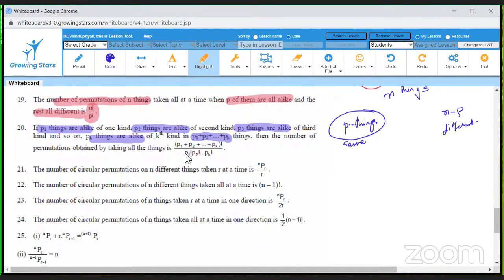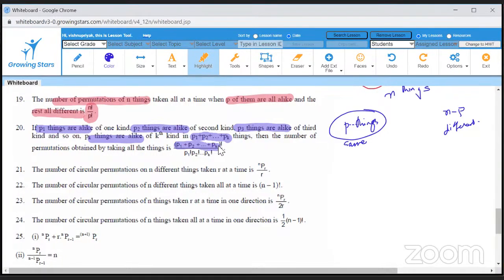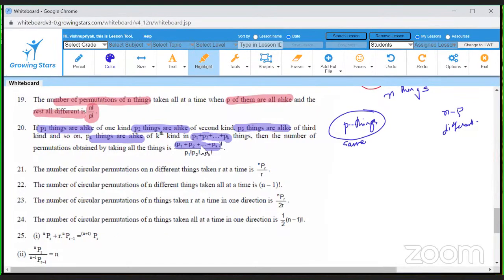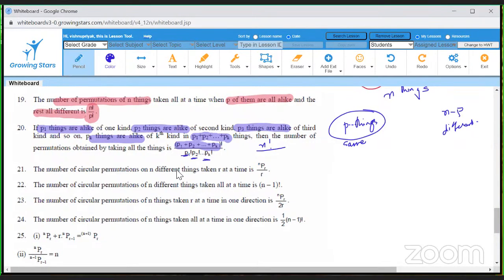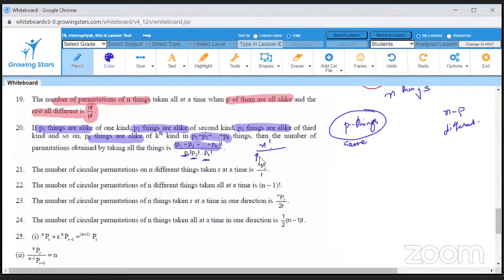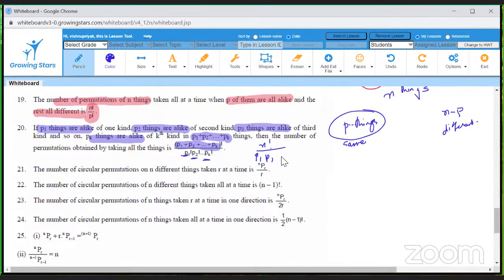So what will be the number of permutations? In the numerator, n factorial, where n is p1 plus p2 plus p3 up to pk, the total number of things when you add up. And down, p1 factorial, p2 factorial, up to pk factorial, because p1 things are alike, p2 things are alike, p3 things are alike, different kinds. So this is the formula.